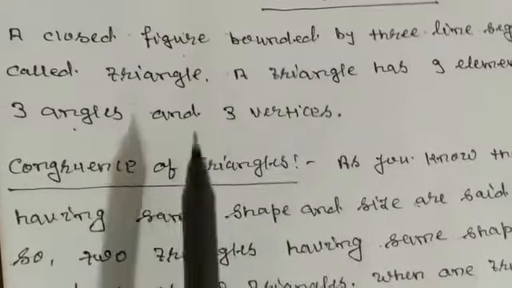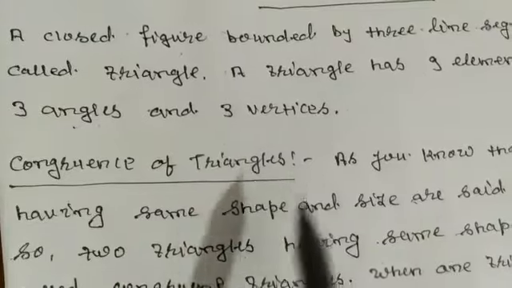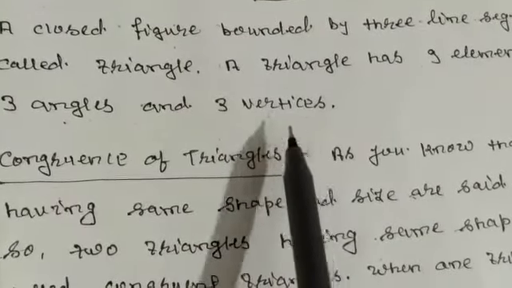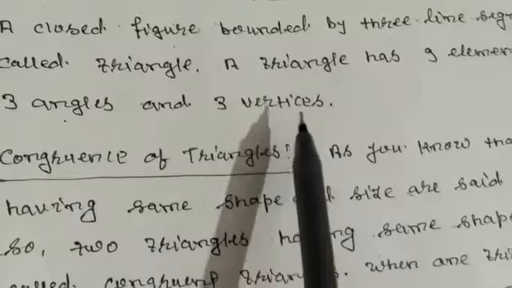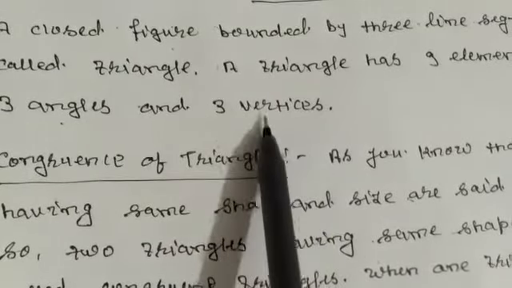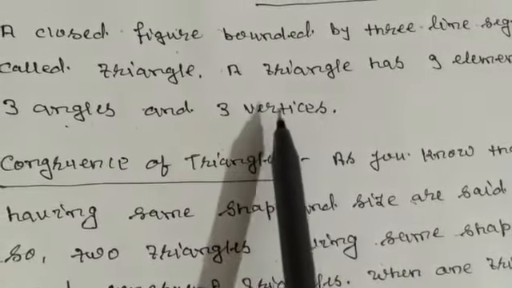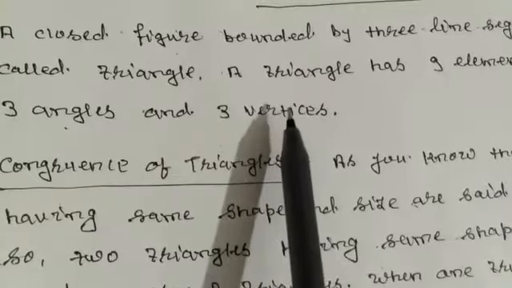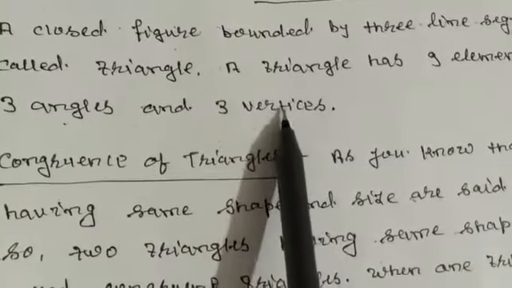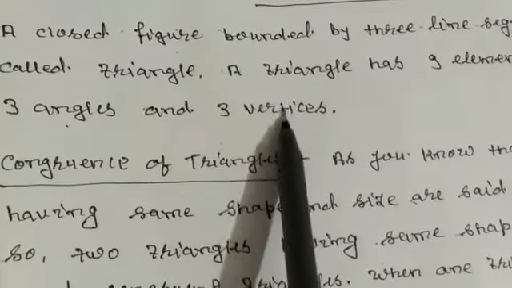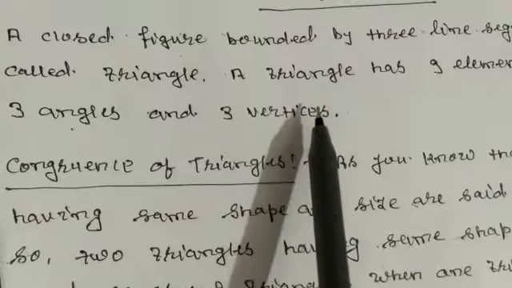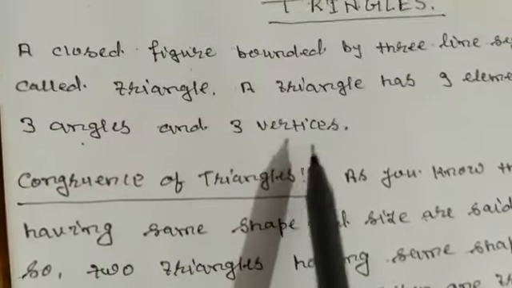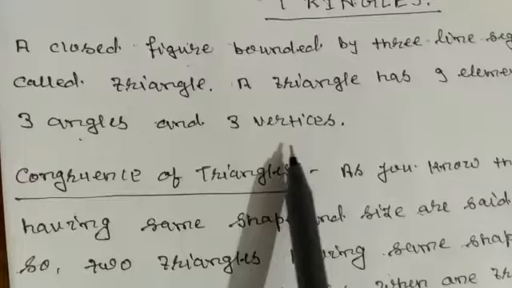So, overall, this is a short introduction about the triangle. A triangle is a closed figure bounded by three line segments, and it has 9 parts, that is 3 sides, 3 angles and 3 vertices, which all of you have learnt in your previous class also.